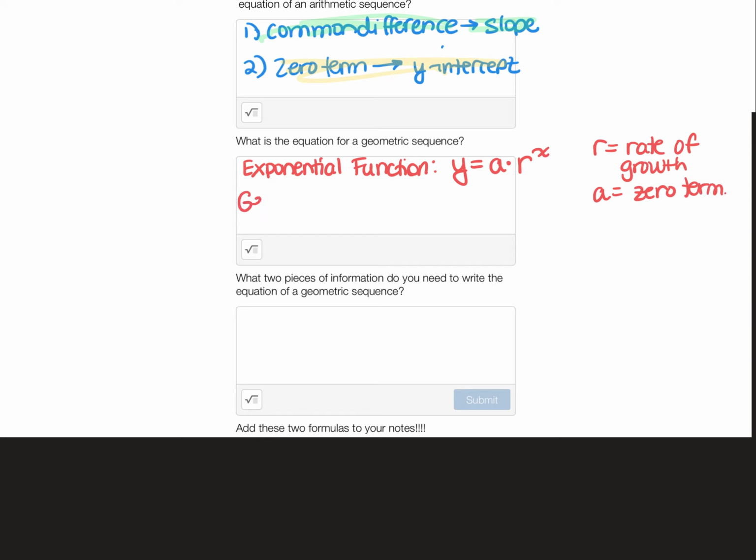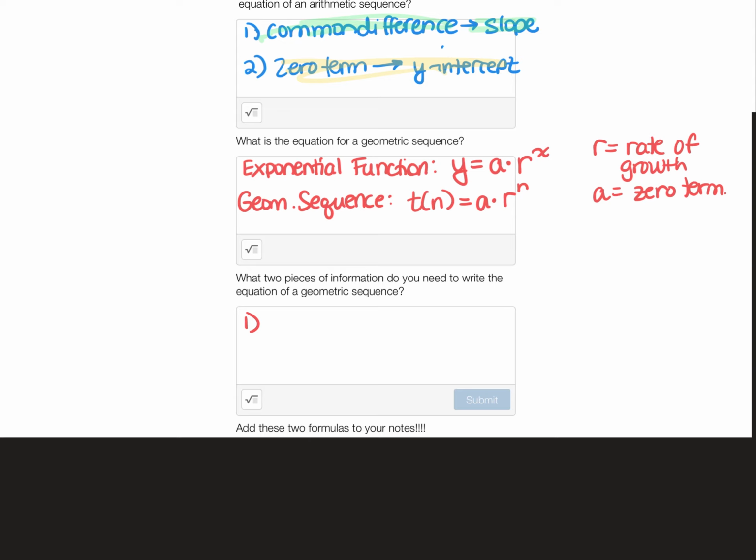If we want to write this as a geometric sequence, we're just going to use some different terms. Instead of y, we use t of n, and instead of x, we use n. What two pieces of information do we need? Well, I alluded to that up above.